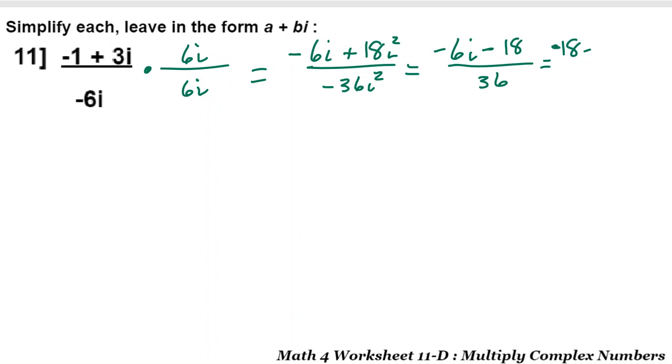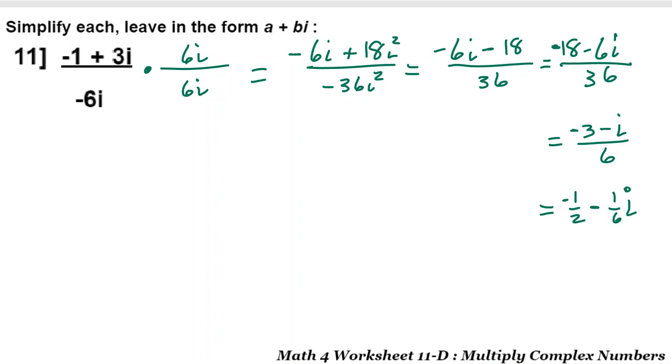That was a negative 18. Negative went with that 18. That negative went with that 6i. And 6 will go into all of these. So I can literally say negative 1/2 minus 1/6 i. 3/6 is 1/2, right? Okay.